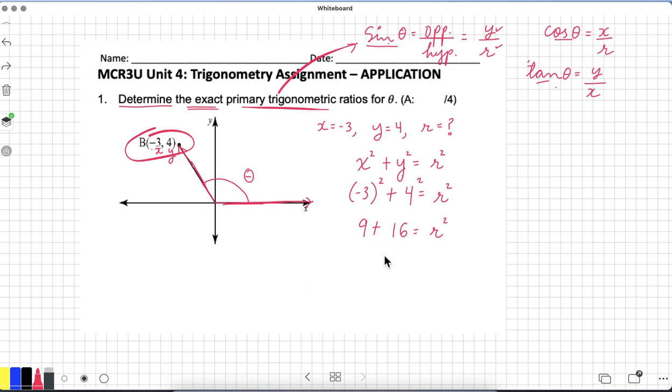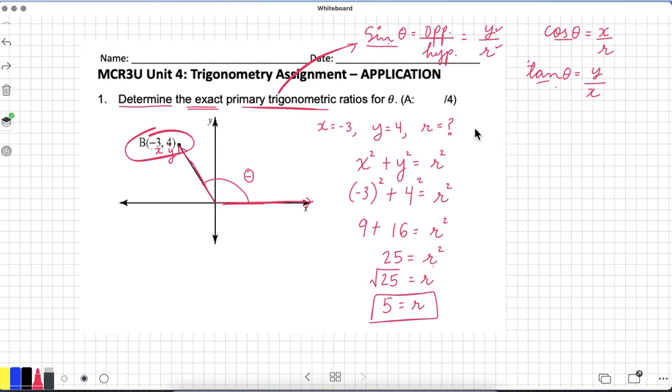Now 9 plus 16 is 25, and on the other side is r squared. Because we are looking for just r, we take the square root of 25. The square root of 25 is 5. So r is 5.